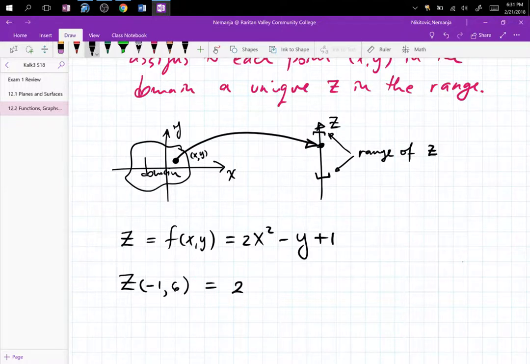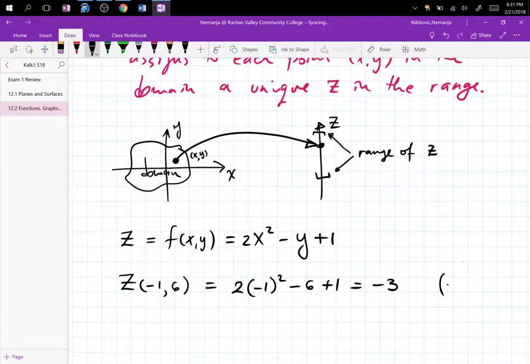Well, you just plug in. It's 2 times -1 squared minus 6 plus 1. So that's going to be 2, 3, -3. And you see that you are getting a single number output. Now, you can write this as an ordered triplet, which is a 3D point, -1, 6, -3, x, y, z. We have an ordered triplet, because it's always x, y, z.